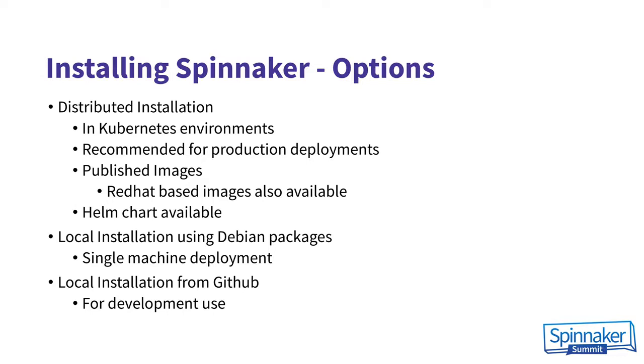If you see the second bullet, there are Debian packages available, and you can use them to deploy on single machines. I know people have done it on multiple machines. It's not fun or easy, but you can do it. But the easiest way to really manage a production deployment is in Kubernetes.